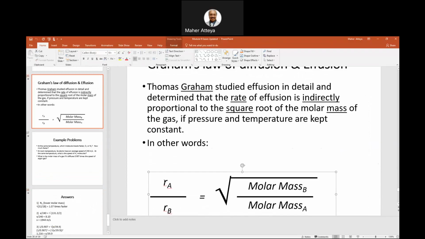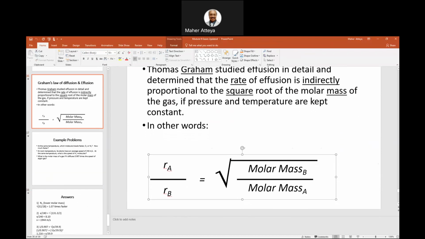here in the top the molar mass of oxygen, correct? So here it is, whatever is the molar mass of B. Let's put this one here. The molar mass of B is 32 grams per mole, and this is for oxygen, correct?